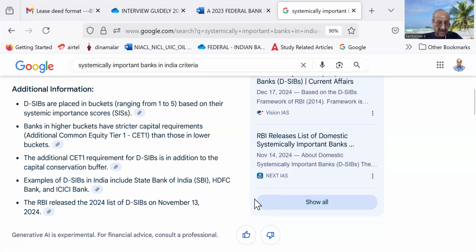Good. Then continue. The additional CET1 requirement for the SIBs is in addition to the capital conservation buffer. Examples of the SIBs in India include State Bank of India, SBI, HDFC Bank, and ICICI Bank. The RBI released the 2024 list of the SIBs on November 13, 2024.